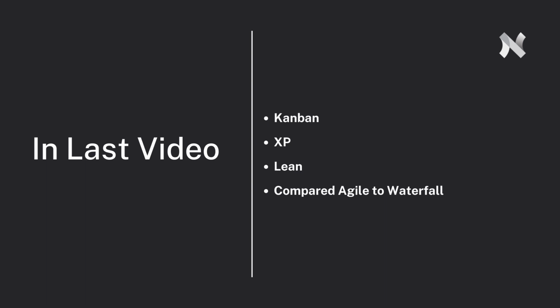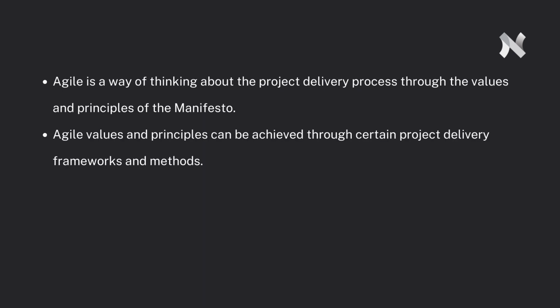Throughout these videos, we have explored Agile project management in a couple of different ways. First, we explored Agile as a way of thinking about the project delivery process through the values and principles outlined in the Agile Manifesto. Second, we explored Agile through different project delivery frameworks and methods like Kanban, XP, and Lean, and especially through Scrum.